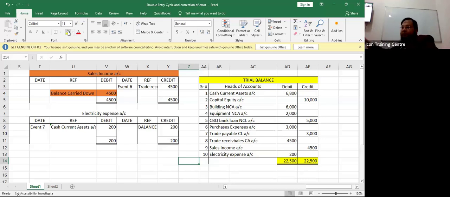After this trial balance, we will prepare financial statements. And if you remember, in the very first lecture, I showed you the format of financial statements. Let me draw it again.